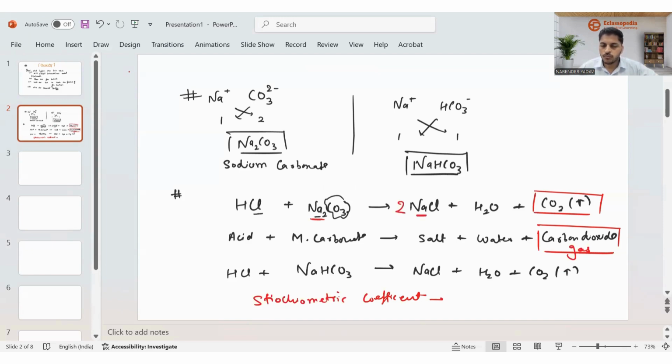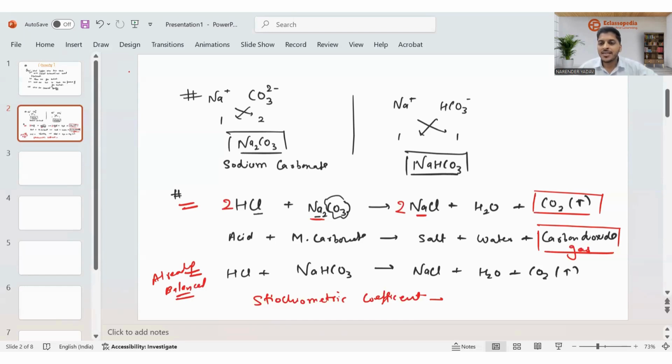Make it two. You can see chlorine will become 2 in number, so write 2 here. Hydrogen will be 2, and hydrogens are already 2. There is oxygen 3, and oxygen is already 3, carbon 1. The reaction is balanced.